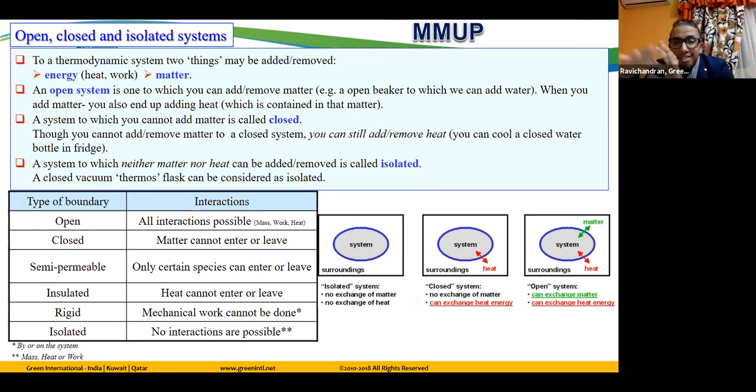But closed is something in between. In a closed system, mass can't transfer, but heat can transfer. So for open, heat and mass can transfer. For isolated, neither heat nor mass can transfer. For closed, heat can transfer, mass can't.